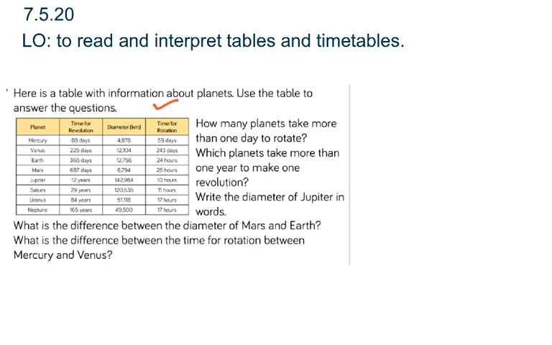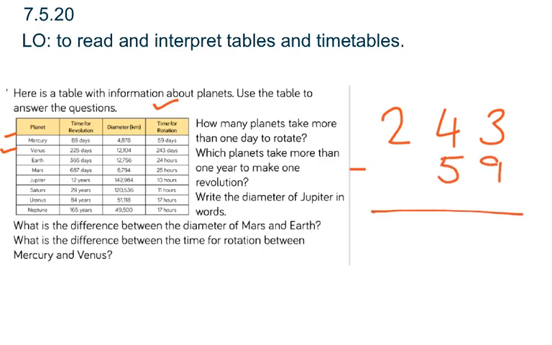Okay, and we are looking at Mercury, and we're looking at Venus, and then you've got to put the larger value on the top here, 243, and then you're going to subtract the smaller value, which is 59. Okay, so use that column subtraction method there. It is a really reliable method, and it's one that we've practiced a lot.